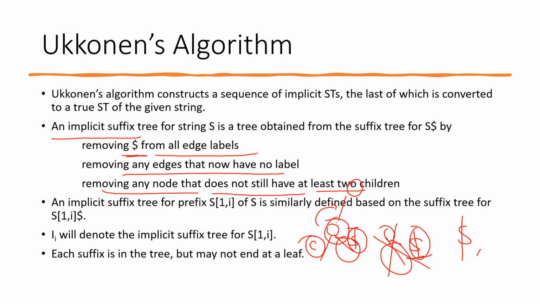By doing all these things, we get all the implicit suffix trees for a string s. From here we'll go on to explain how these implicit suffix trees are similar to suffix trees, and how we will be able to use them to obtain the O of m complexity.